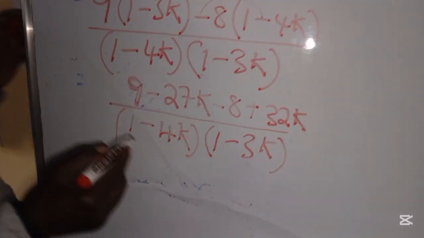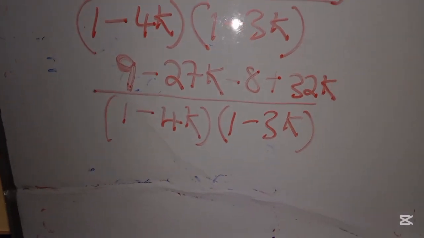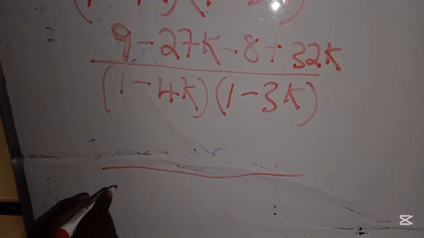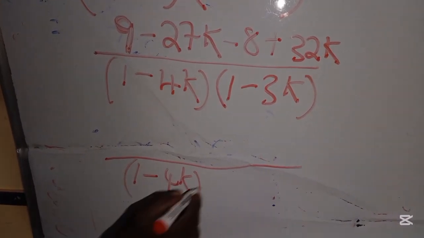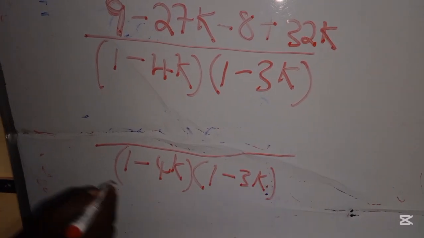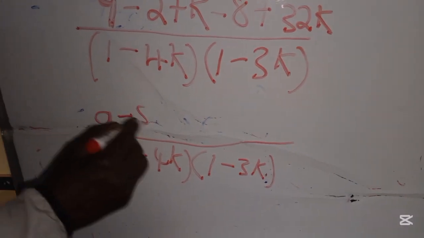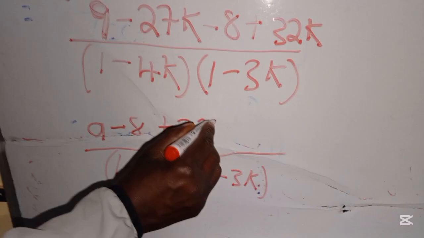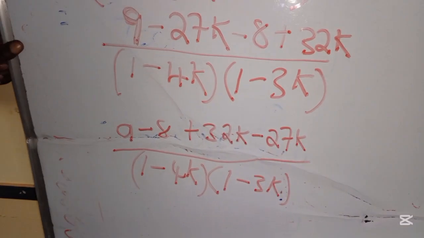So the k's should be together. You maintain the over, it will be 1 minus 4k. There's nothing special. You agree with me that 9 minus 8, I'll start with the positive 32k minus 27k. At least it will sound nice.